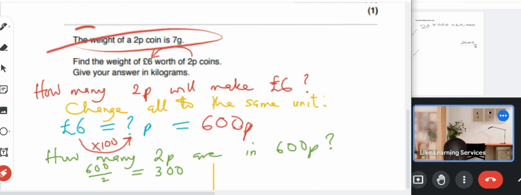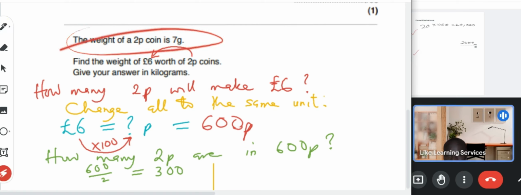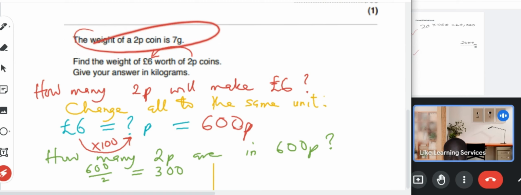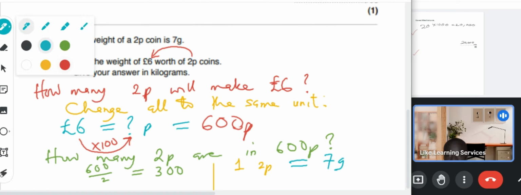One weighs how much? 7 grams. One of them, only one weighs 7 grams. And we have 300 of them. So 300 will weigh how much?